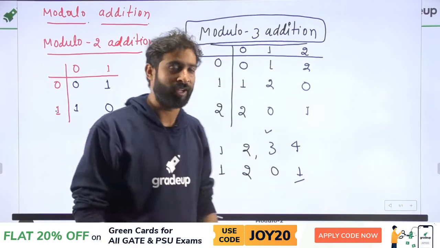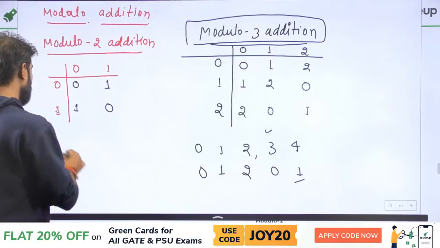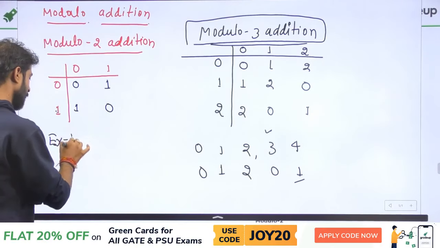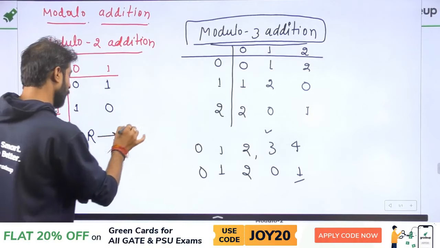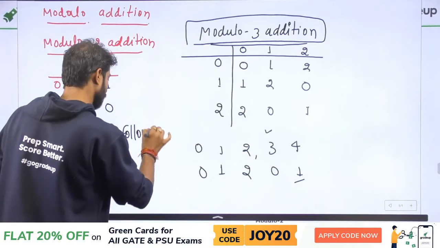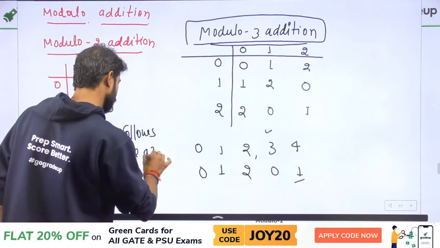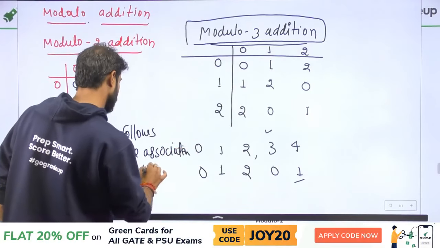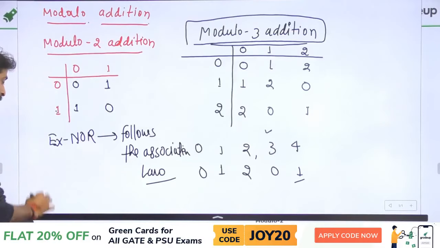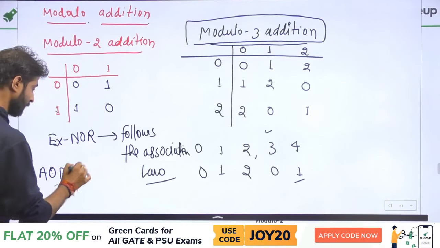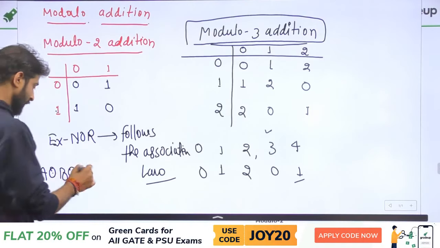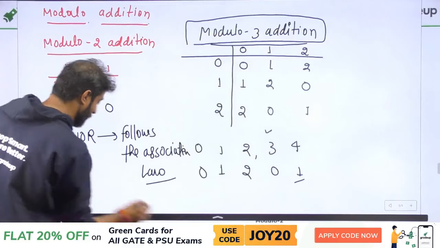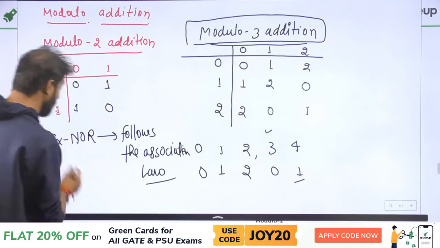XOR follows the associative law, yes. XOR follows the associative law, and XNOR also follows the associative law. XNOR also, friends, follows the associative law. And one thing remember always, if you want to find A XNOR B XNOR C, there is no time for explaining this, but just keep it in mind.